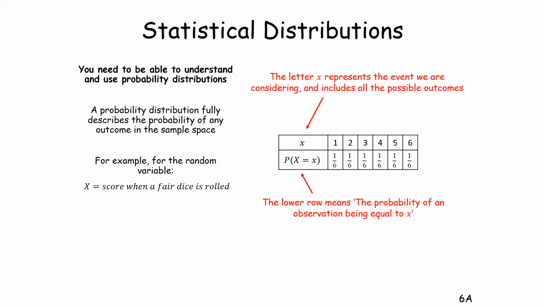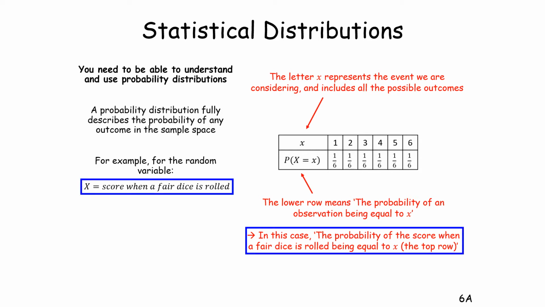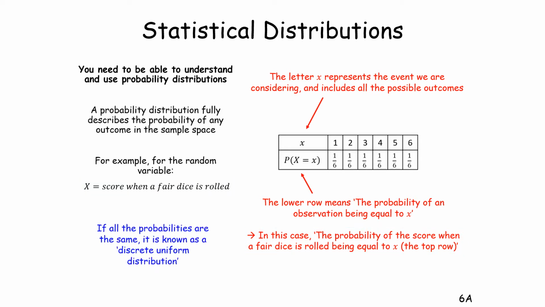The lower row means the probability of the observation being equal to x. In this case, the probability of the score when a fair dice is rolled being equal to x, the top row. So if all probabilities are the same, we say this is a discrete uniform distribution. So if you were to plot this on a graph, you simply get a rectangular shape.